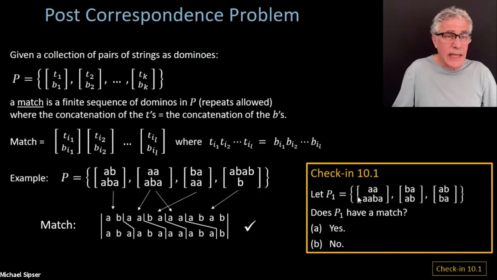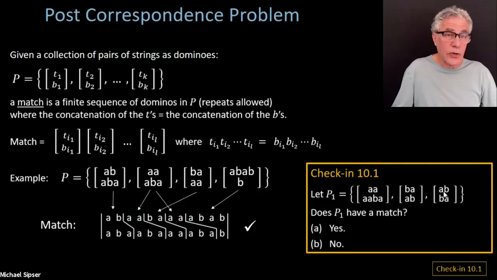One way to see that you can't have a match in this problem is that you're going to have to start. Neither of these two are possible starting points. So this one is clearly the only chance you're going to have as the first domino of a match. But then once you put this one down, the bottom string, the bottom B's that you're going to get, the bottom string is going to be longer than the top string.